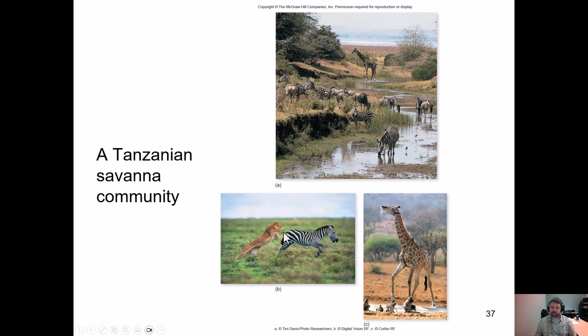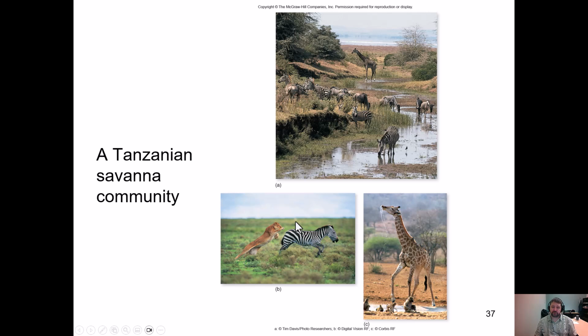Remember the 10% rule that we talked about before, that only 10% of the energy moves from plant to primary consumer, then 10% of that energy moves to the secondary consumer, 10% of that would move to the tertiary consumer, etc. Because a lot of that energy is lost as heat, especially when we're dealing with things like mammals, endotherms.